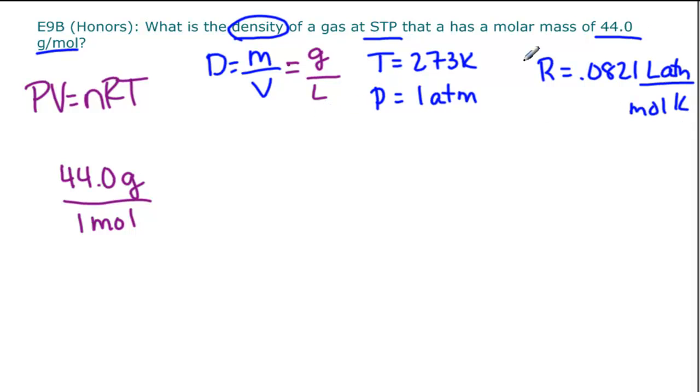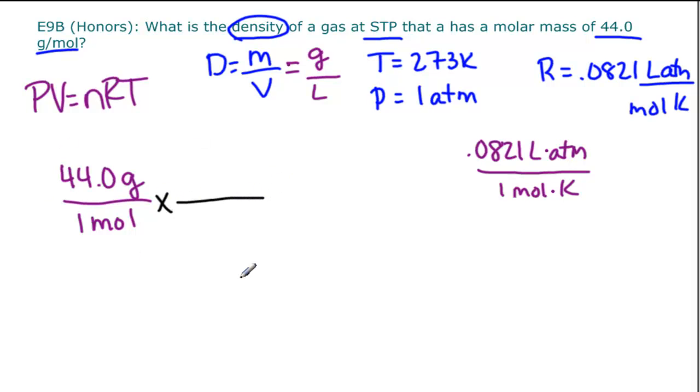If I look at this R value here, I can write it in two ways. I can write 0.0821 liter atm over 1 mole Kelvin, or I can flip that, because it's basically a ratio. So I can flip this around, which is what I want to do here.